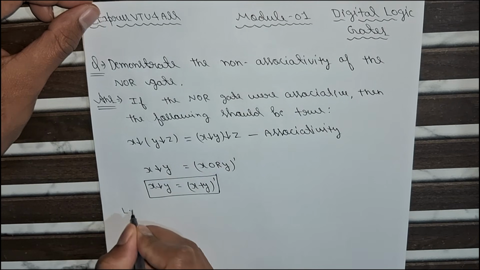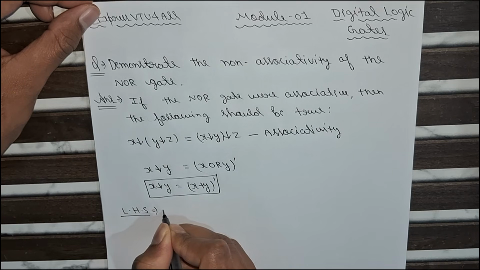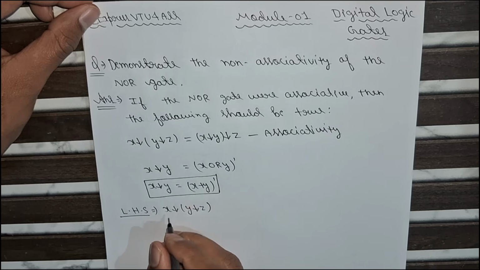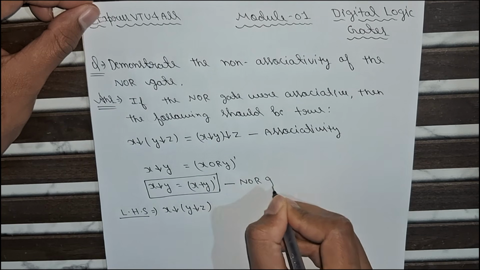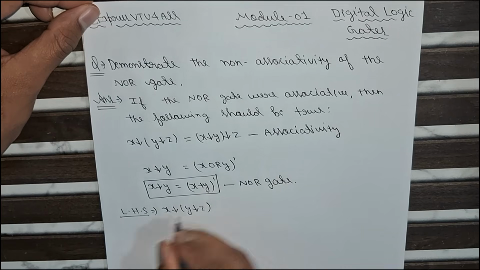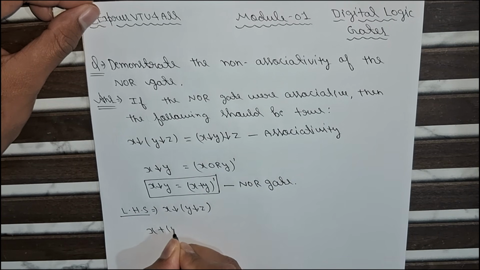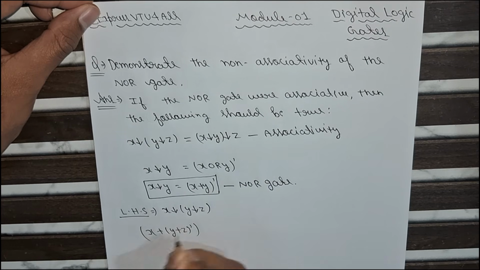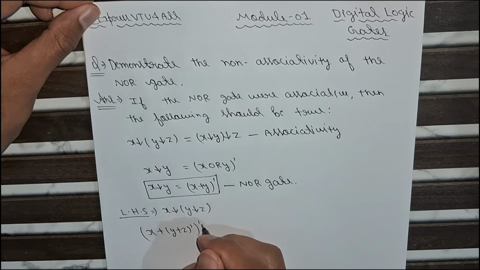So firstly we will take the left hand side, (x NOR y) NOR z. So by the definition of NOR gate, we can write this as ((x + y)' + z)', one complement is for this, and this complement will be the whole complement of this equation.